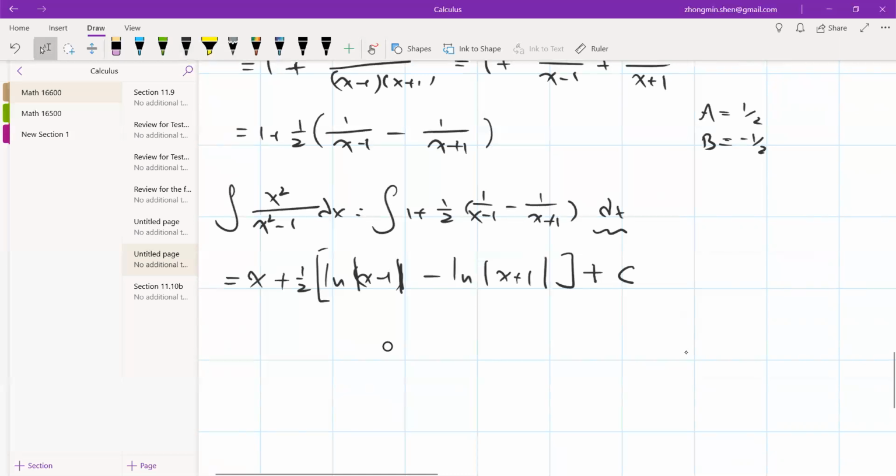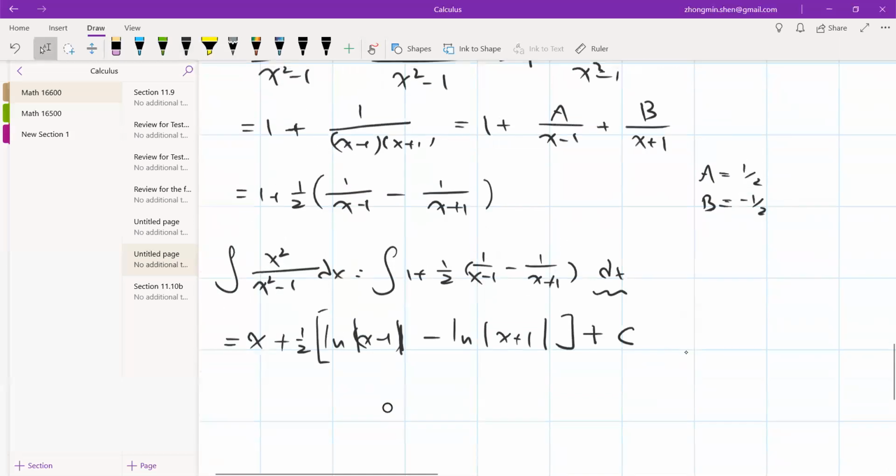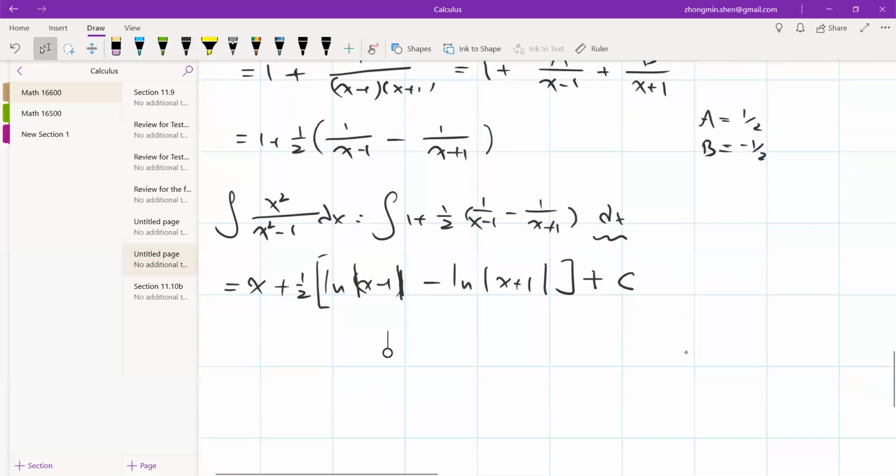And the same idea, only for the first one you have to do the long division to get rid of x squared, because the degree of the numerator is the same as the degree of the denominator. That's why you have to use long division to simplify. There, you cannot express it like a over x minus 1 plus b over x plus 1. So it's a long division.